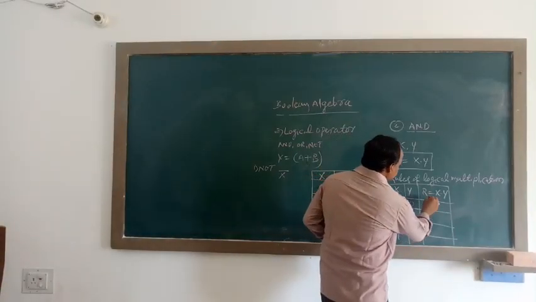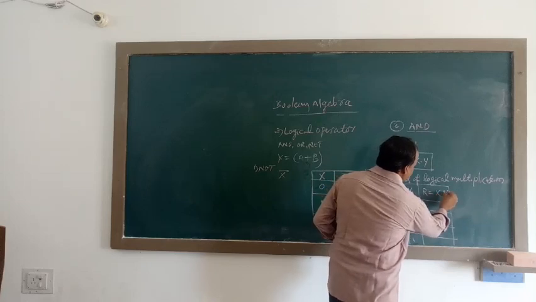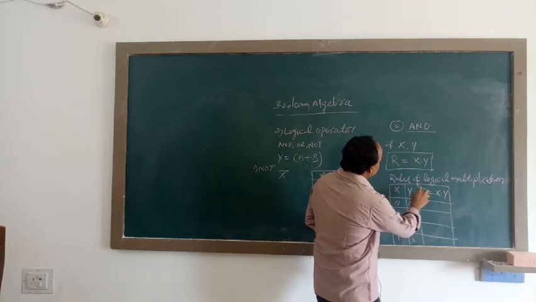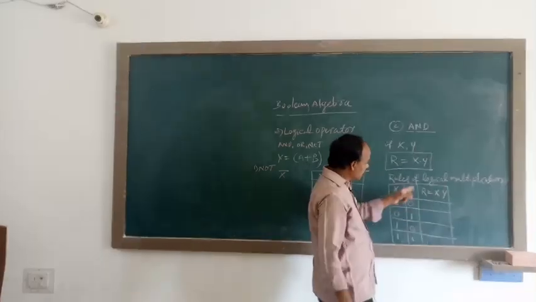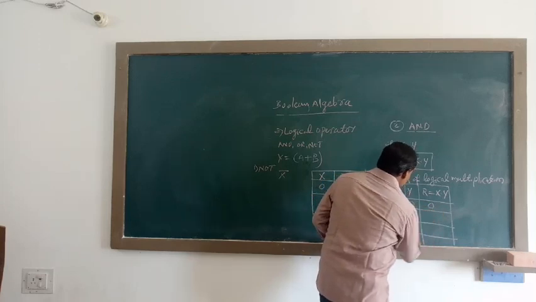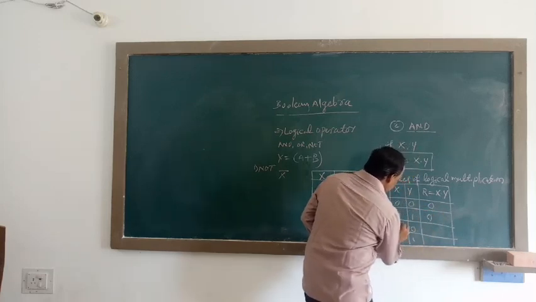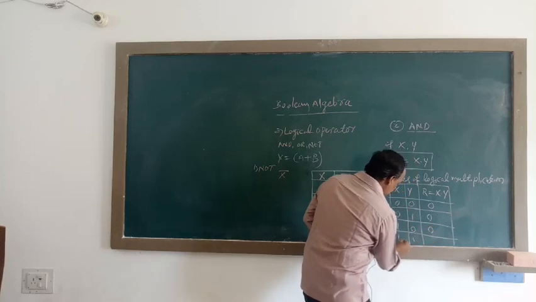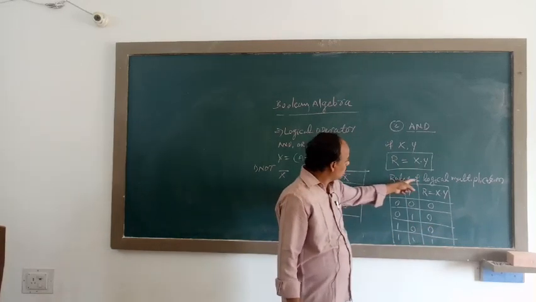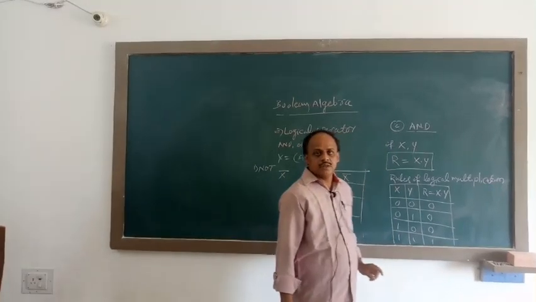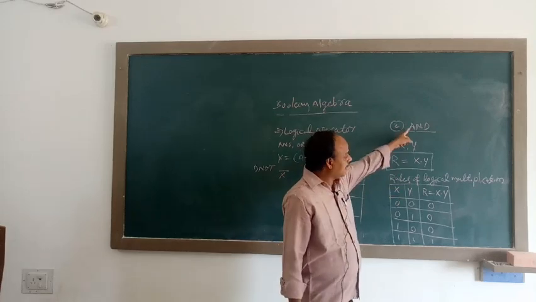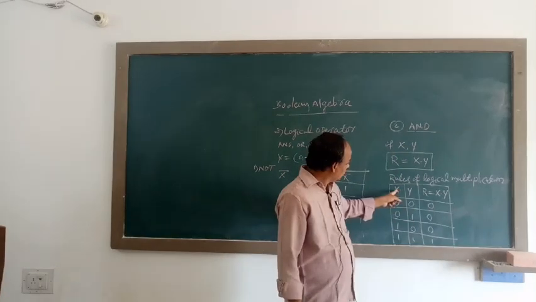Here the resultant expression is x into y. Here x values are there, here y values are there. AND operation means logical multiplication. X into y means 0 into 0 is 0, 0 into 1 is 0, 1 into 0 is 0, 1 into 1 is 1. These are the rules for logical multiplication, or else we can call it logical AND operation on given two variables.